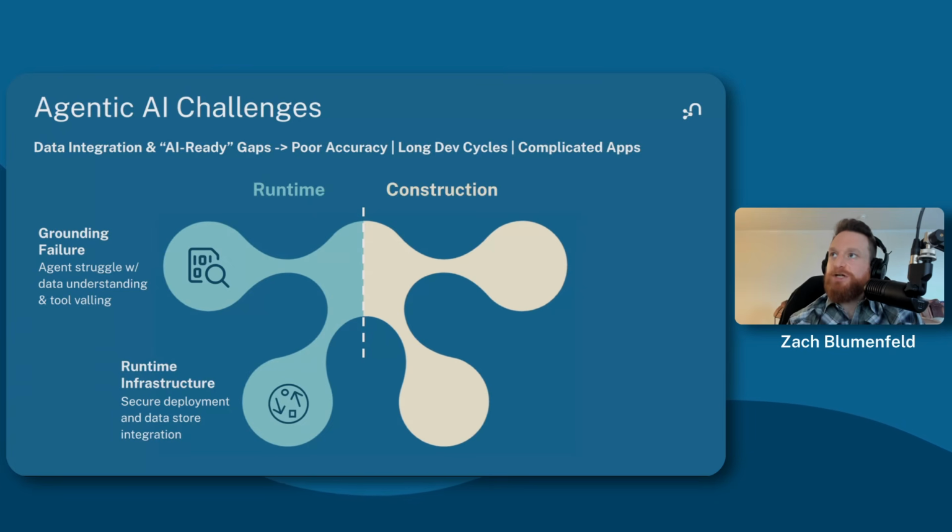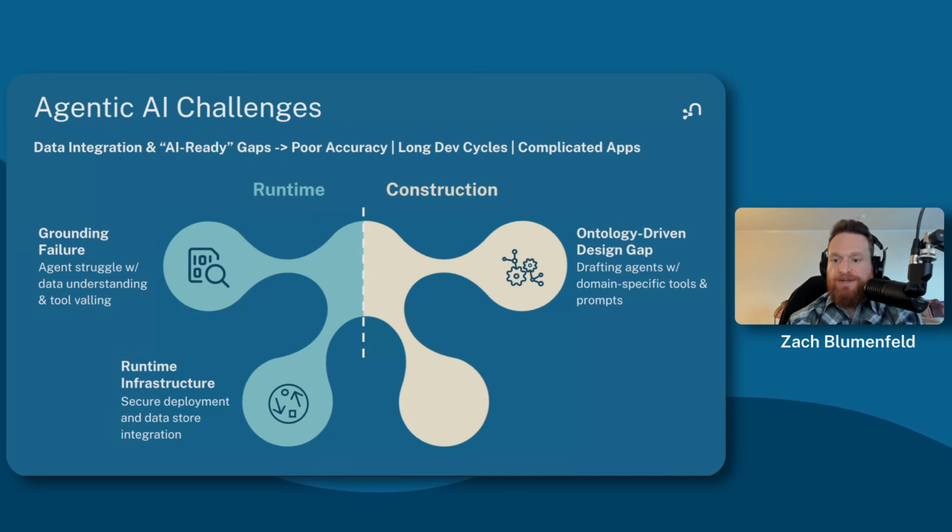And then on the construction side, which often gets overlooked, you have a couple unique challenges there. The first one, and one that's personally something I think about on a daily basis, is design gaps in how we actually construct agents.